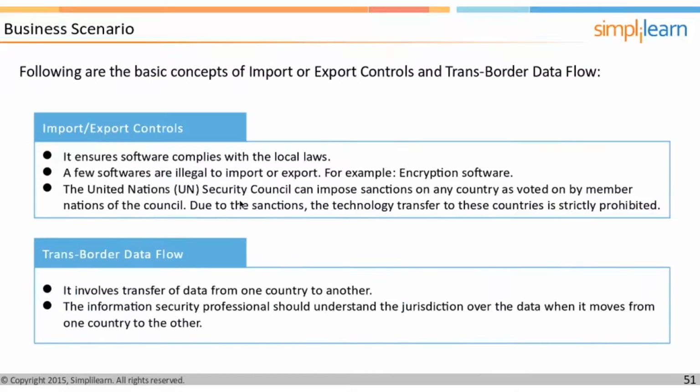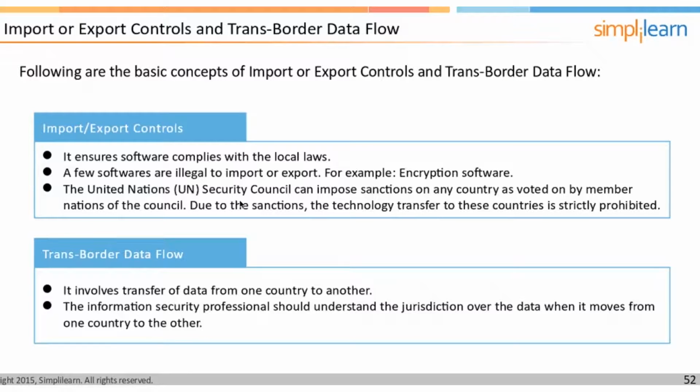Let's move on, and let's talk about the concepts of import or export control. This is again when you're dealing with selling of software and hardware, especially hardware and software which deal with encryption, like your firewall or certain other things.